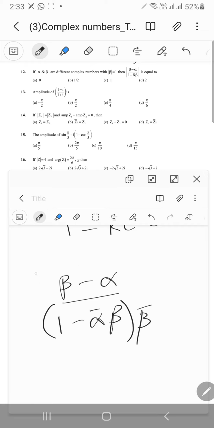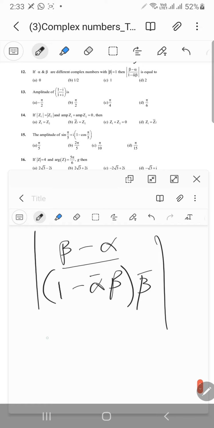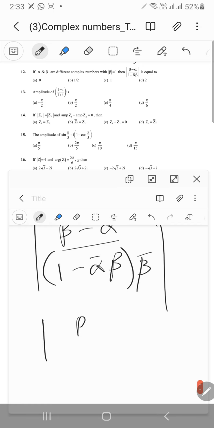Since we just want the mod of this thing, it does not change it, so it's still going to be the same thing. So beta minus alpha upon this thing minus, so beta times conjugate of beta. What will that be? That is going to give us 1, because mod beta is 1.